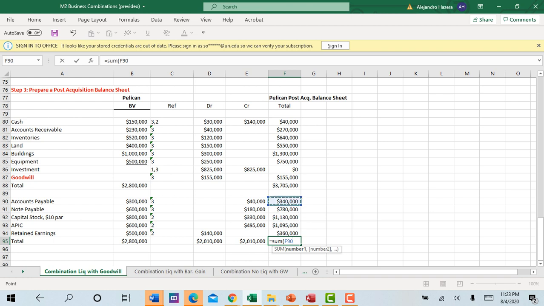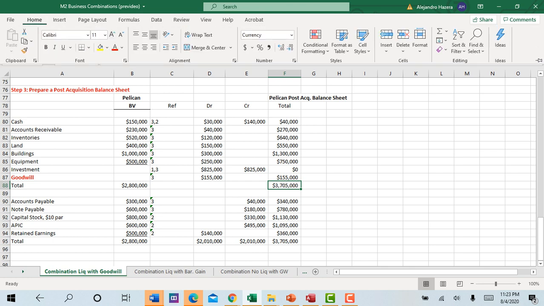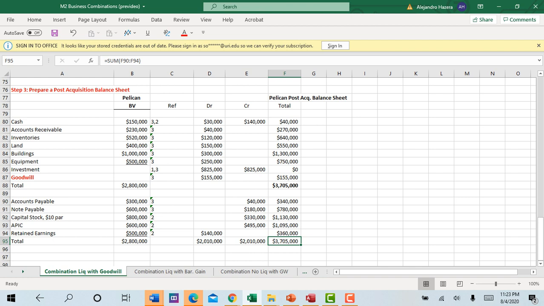Then I'll go over a couple of points. This has been fairly quick, I know. 3,705. So my two amounts right here, assets equal liabilities and shareholders' equity.